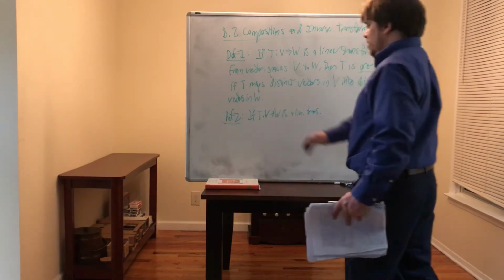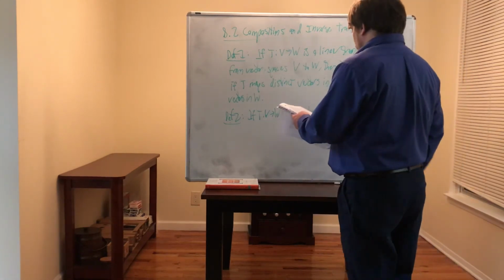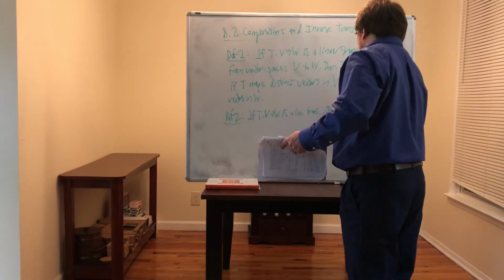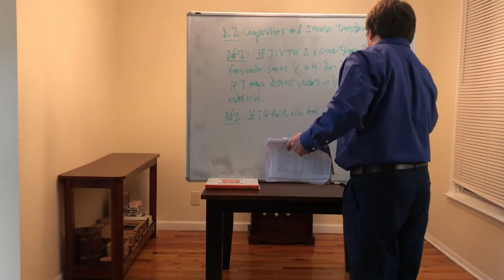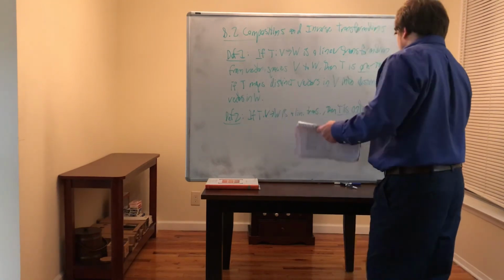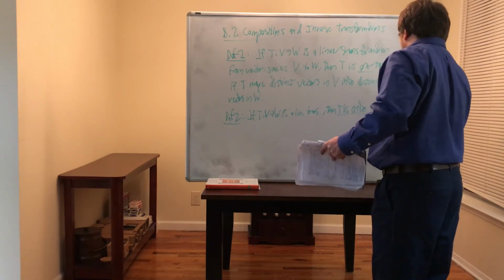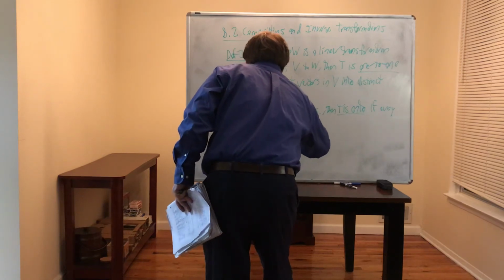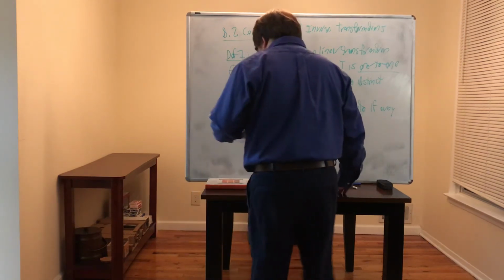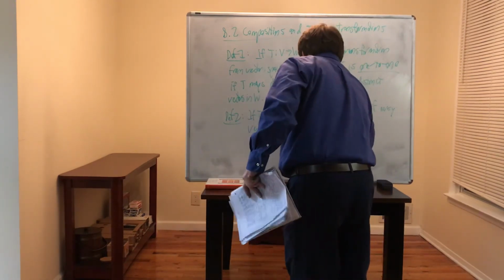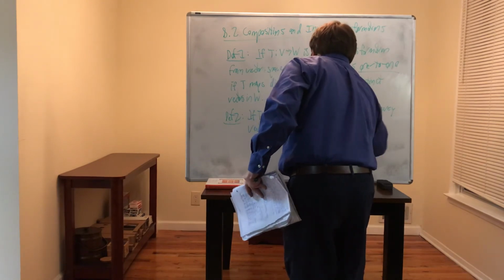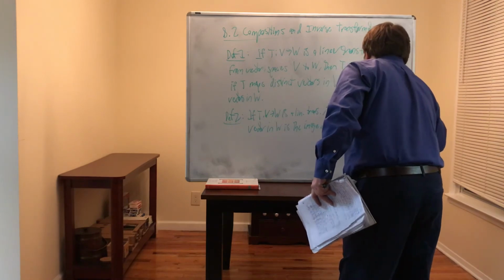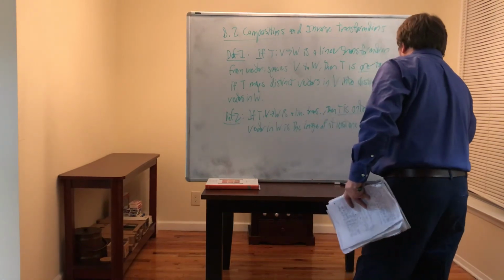So T from V to W is a linear transformation from vector space V to vector space W, and V and W are vector spaces. Then T is onto if every vector in W is the image of at least one vector in capital V.